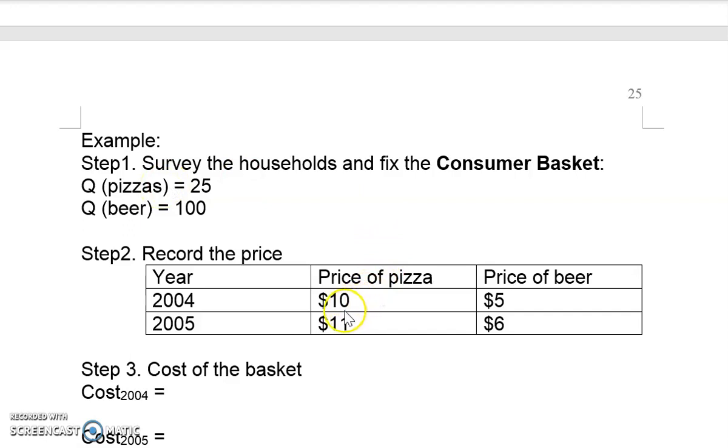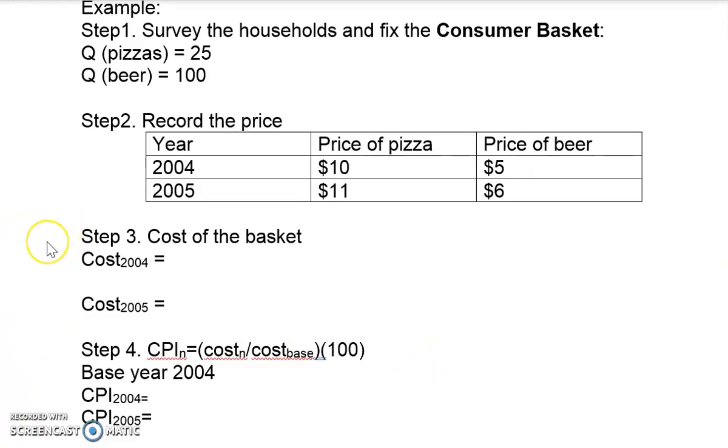Just assume that they recorded $10 per pizza for 2004, and in the next year, the same pizza, same location, same everything, is $11 for 2005. As for beer, $5 for 2004, and then $6 for 2005. This is how they record the price.